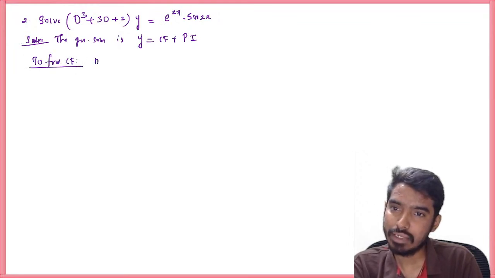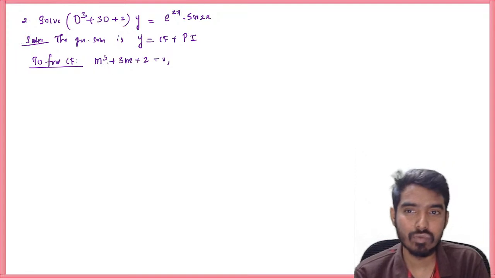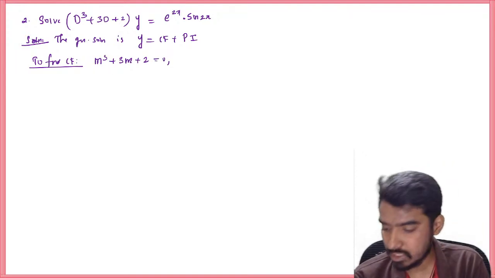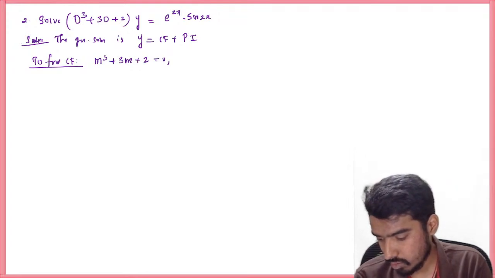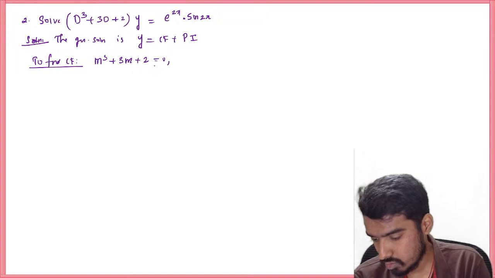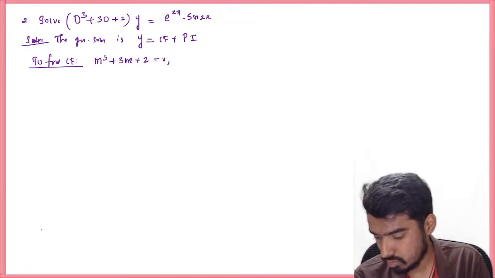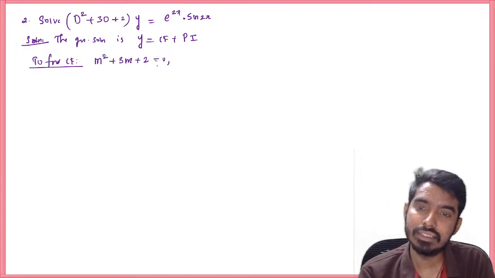we have the auxiliary equation m square plus 3m plus 2 is equal to 0.